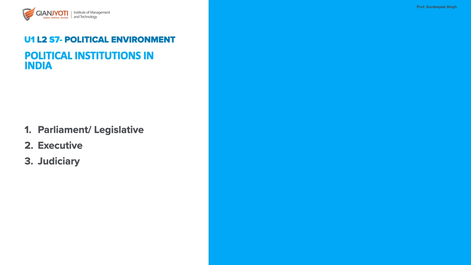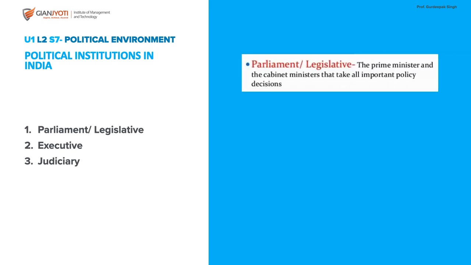Next, we move on to the political institutions in India. When we talk about the political institutions, our constitution has given us three bodies. Number one is the parliament or the legislature. It is important to know in the Indian context that the parliament or the legislature is where the policy framework is done.